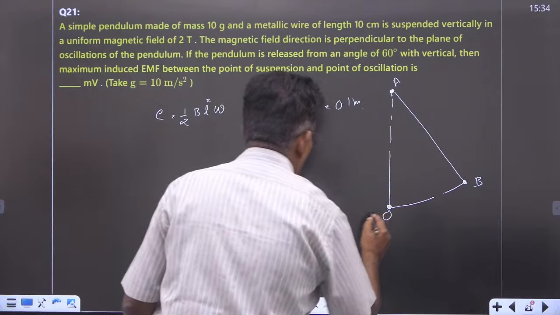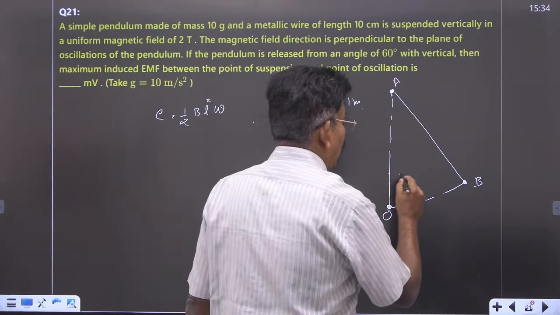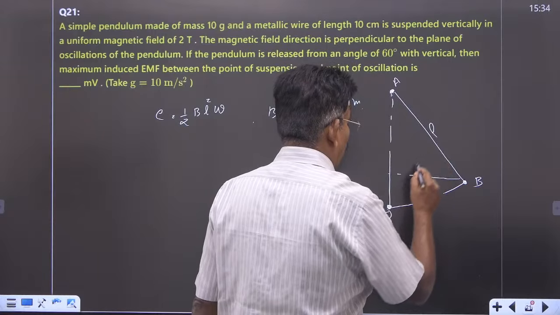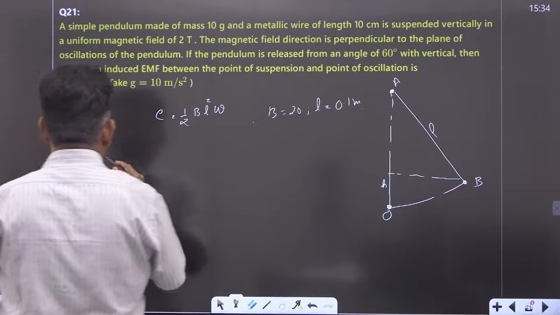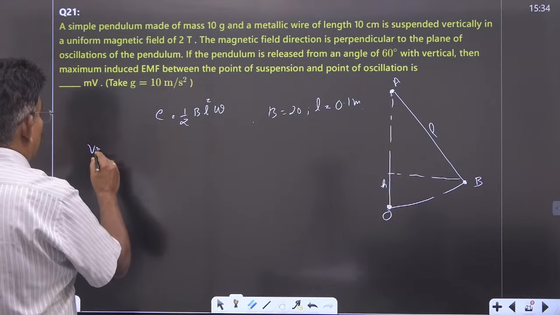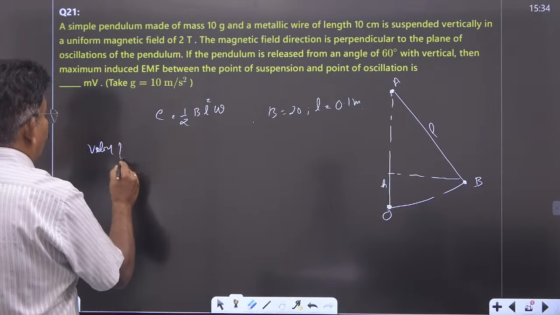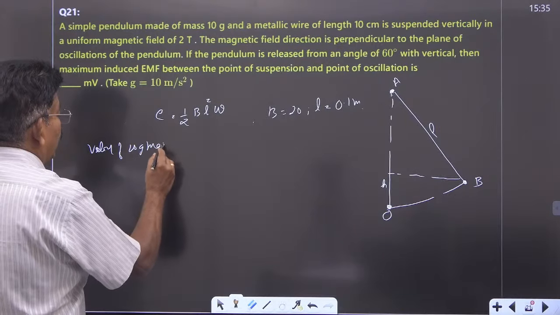We have already studied that. This is the length of the pendulum and this is the height h, and we have calculated the velocity of the 10 gram mass at the end point.